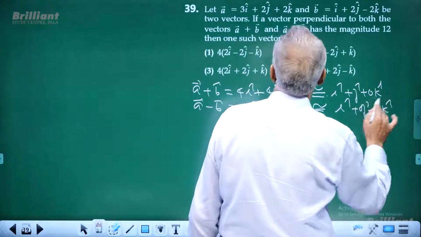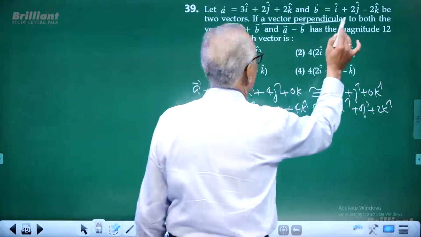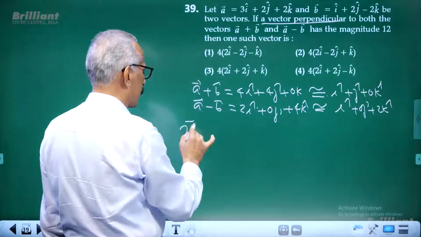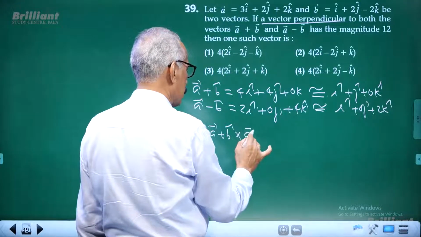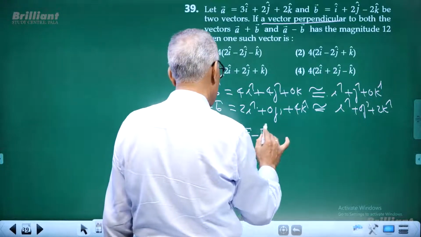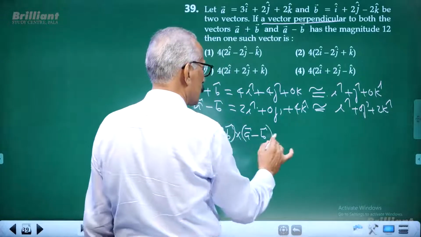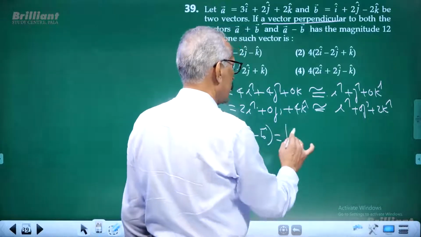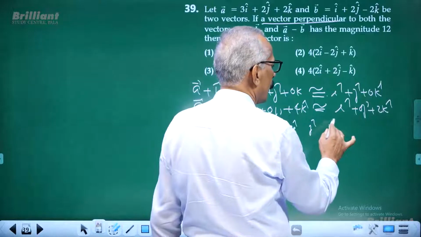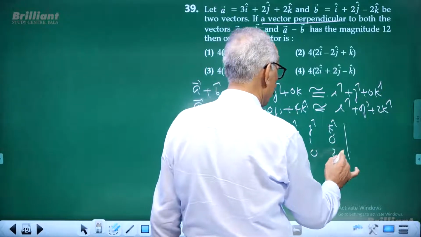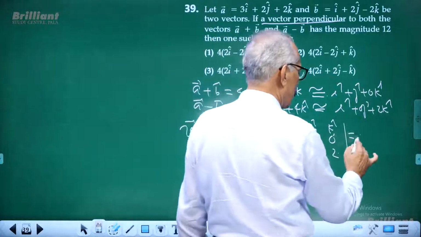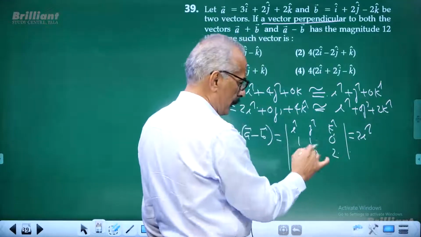All right. Now we want a vector perpendicular to both. So let V be the vector. V is equal to A plus B cross A minus B. I have taken this one, so I take the cross product. Determinant i, j, k; 1, 1, 0; 1, 0, 2. So i into 2, that will become 2i. i into 2 minus 0.